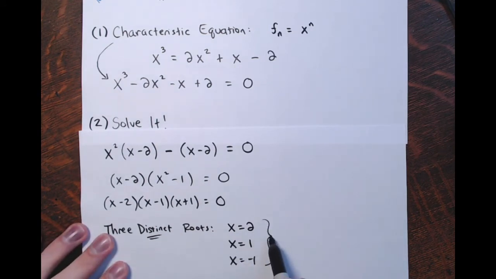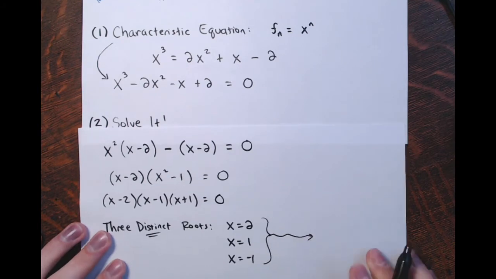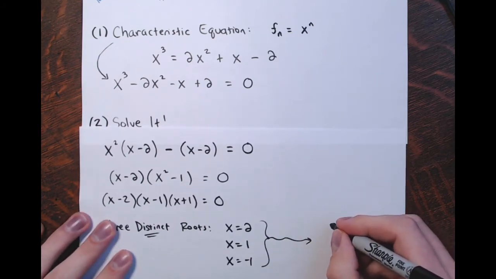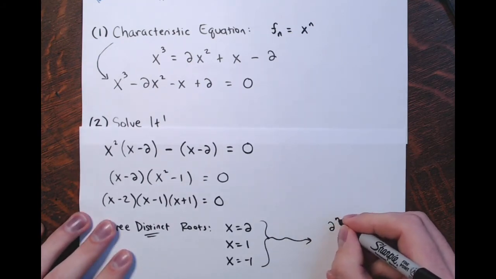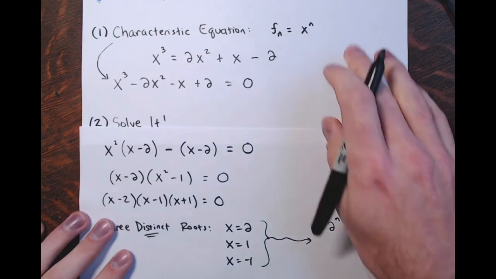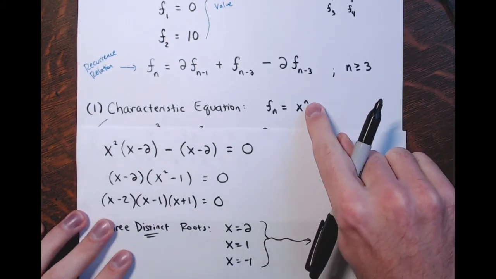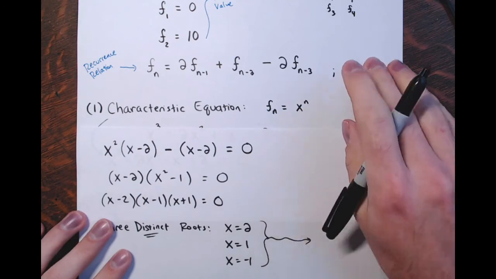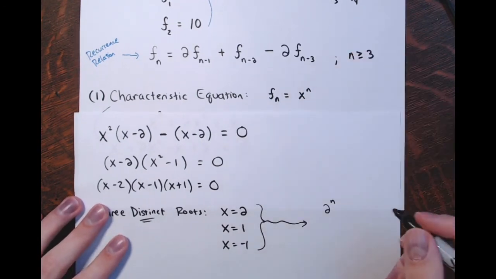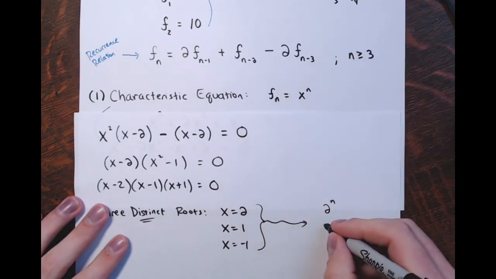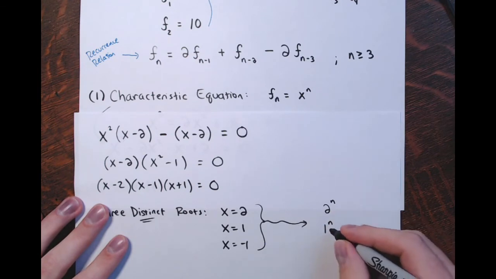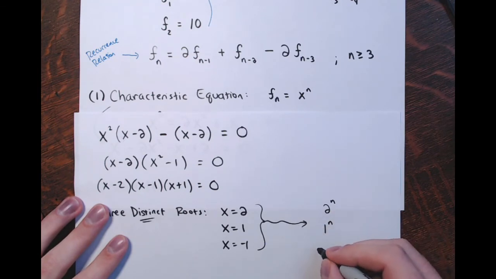So this leads me to 2 to the nth, right? Because remember, where we're using x to the nth, fn equals x to the nth power here. So 2 to the nth, 1 to the nth, or just 1, and -1 to the nth.